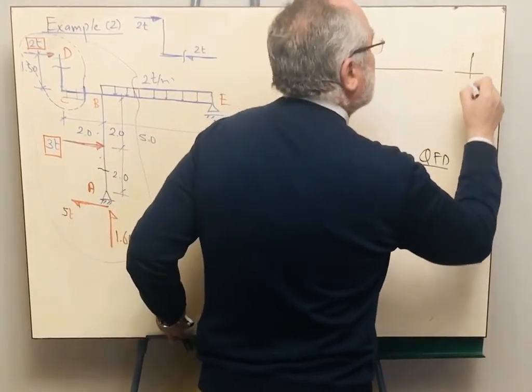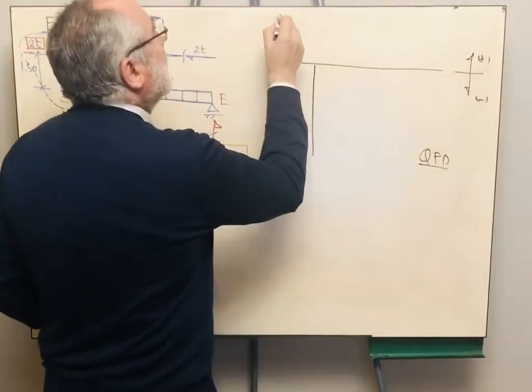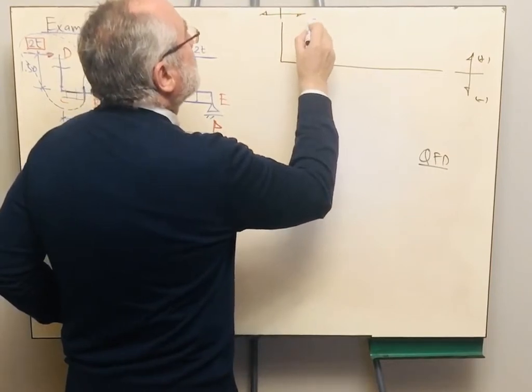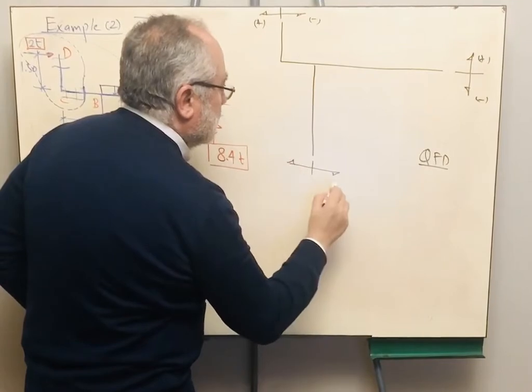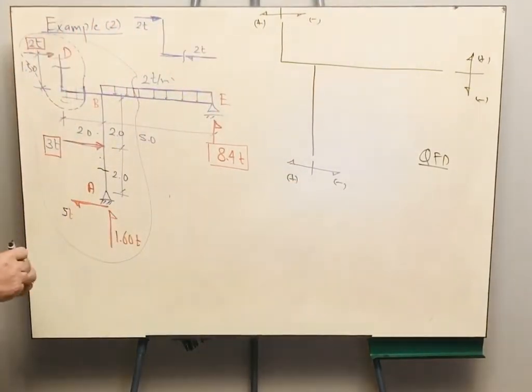Again, the positive shear is drawn above the datum, and the negative shear is drawn below the datum. Very good. Let me start with the column AB.